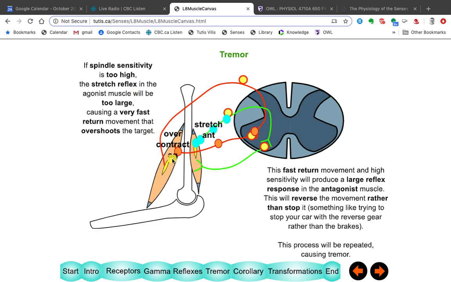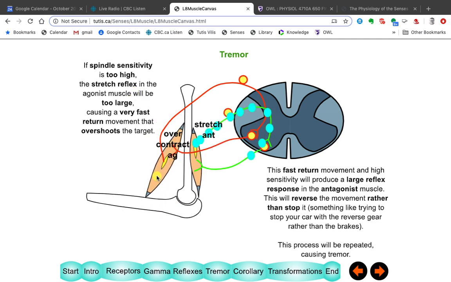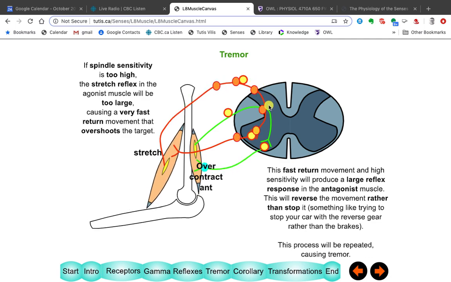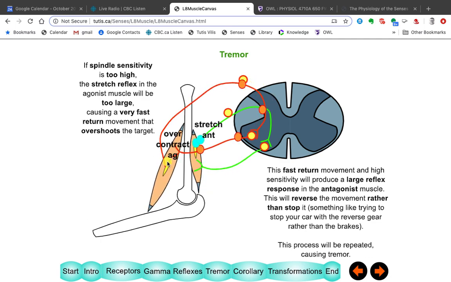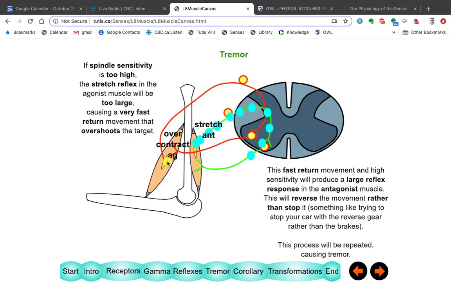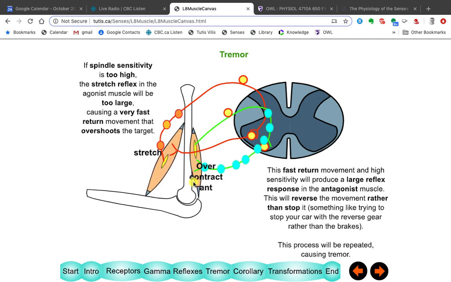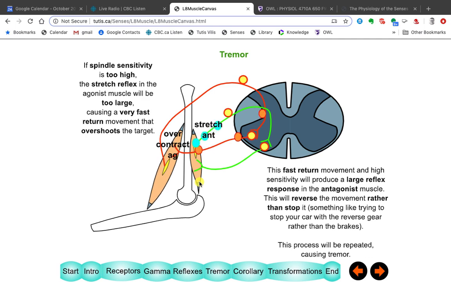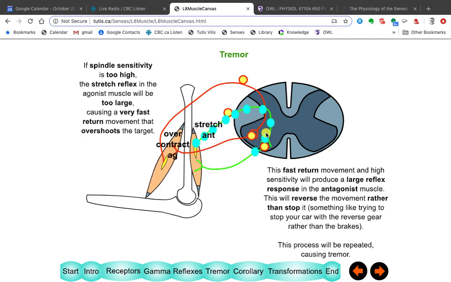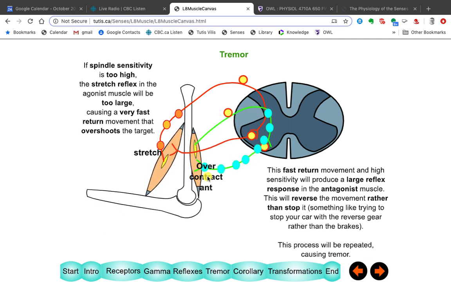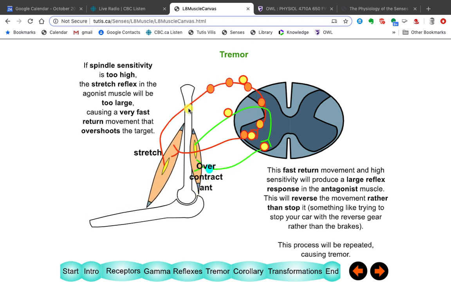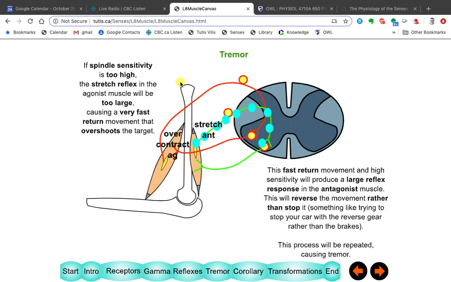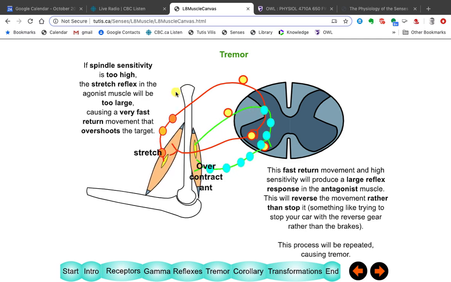You can see here how much activity is coming. That produces a huge contraction of this muscle. That in turn pulls this tricep really fast, and that really fast movement also generates tons of activity, which then pulls the biceps. And it goes back and forth like that, and you have tremor.